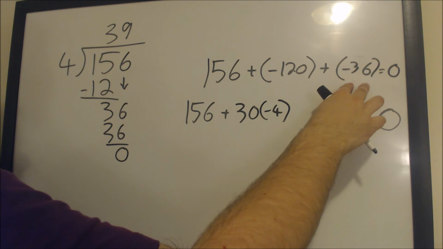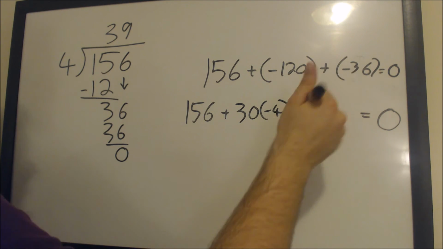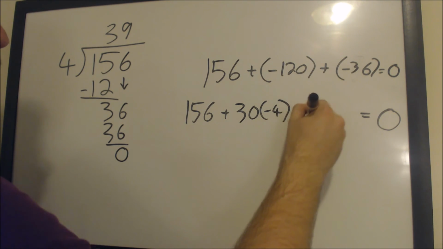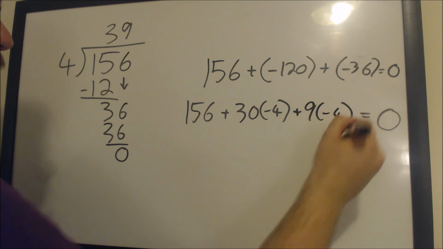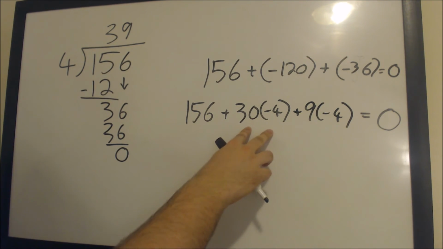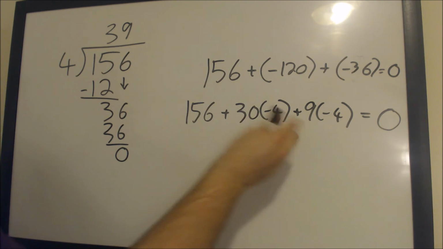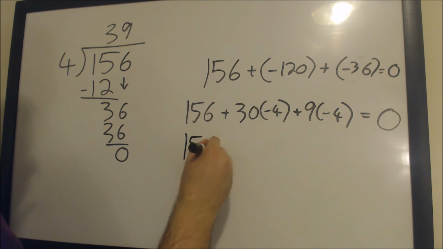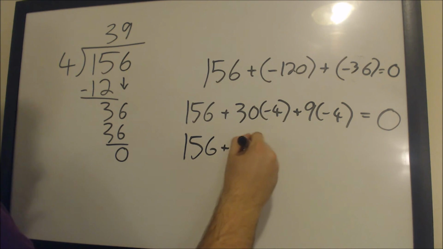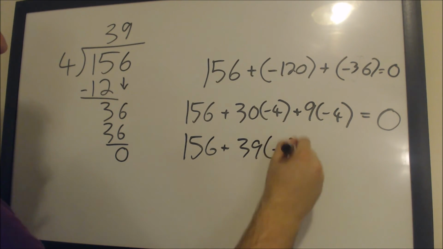This number is simply negative 4 times 9. So 30 groups of negative 4 and 9 groups of negative 4. When I combine these, I end up with 39 groups of negative 4.